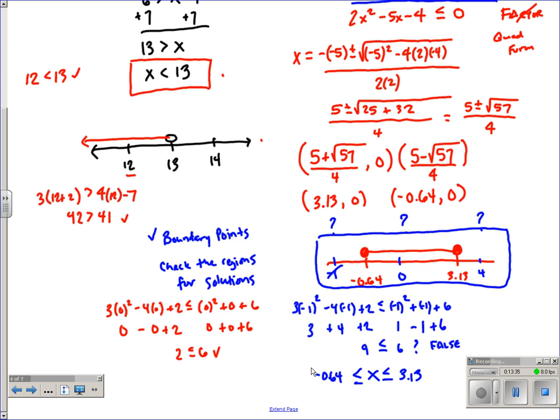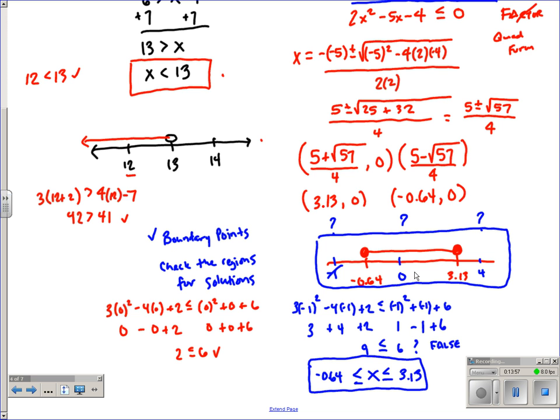These are the approximated answers because I rounded. If you're using the exact answers, we'd want to put these values in instead of our decimals. That is the algebraic answer for this one.